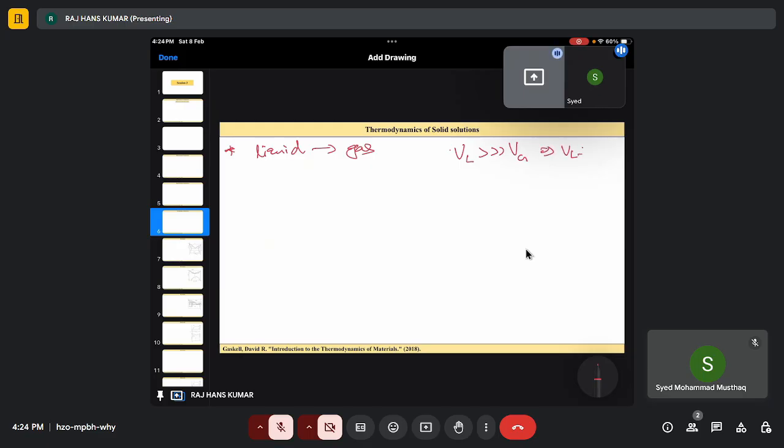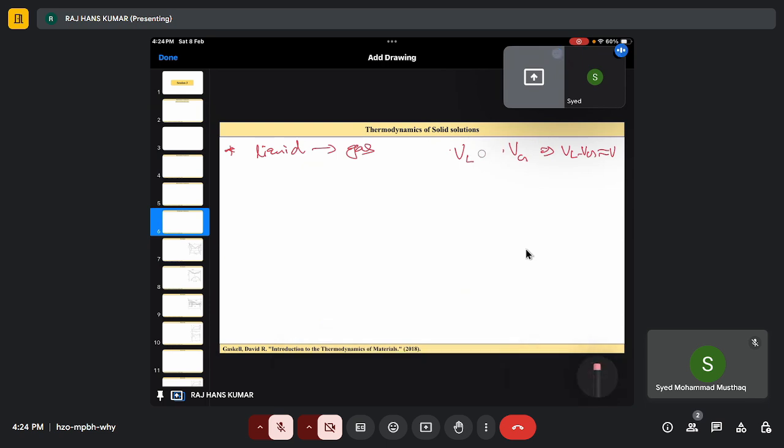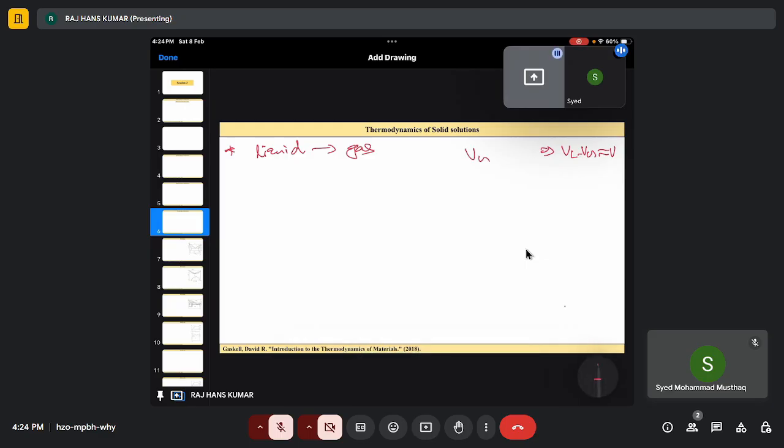So VL minus VG will be approximately equals to, sorry, I made a mistake. It's VG is much greater than VL because liquid is a condensed space, but gaseous is not, right?